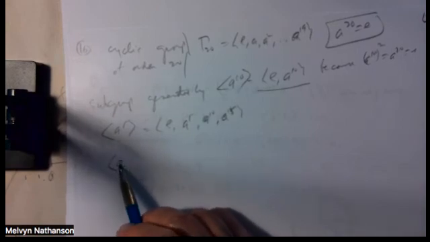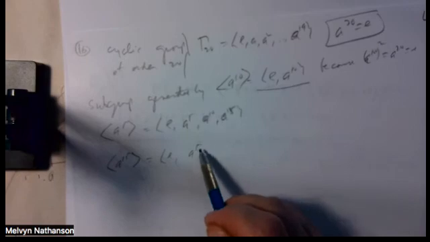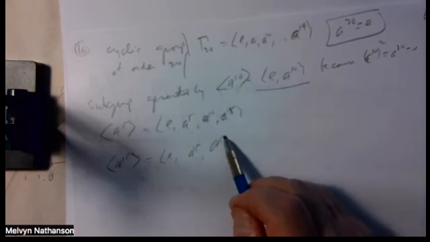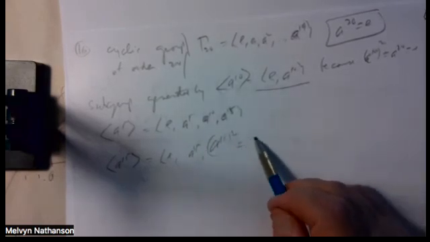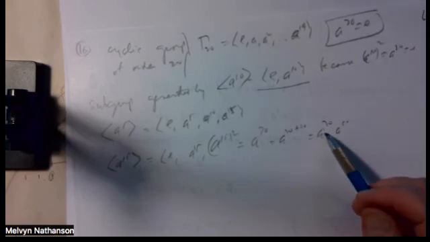What's the subgroup generated by a to the 15th? You have a to the 15th, and a to the 15th squared, which is a to the 30th. The 30 is 20 plus 10, so a to the 20th times a to the 10th. But a to the 20th is the identity.